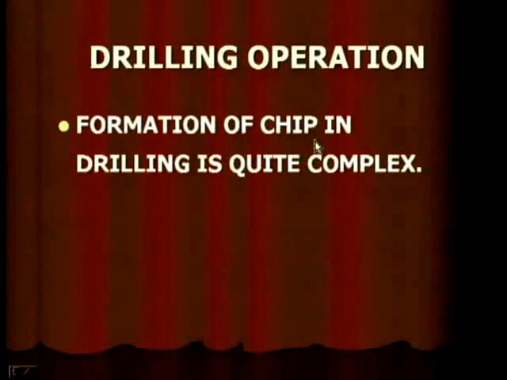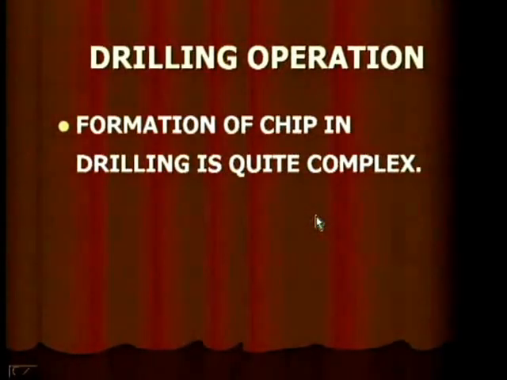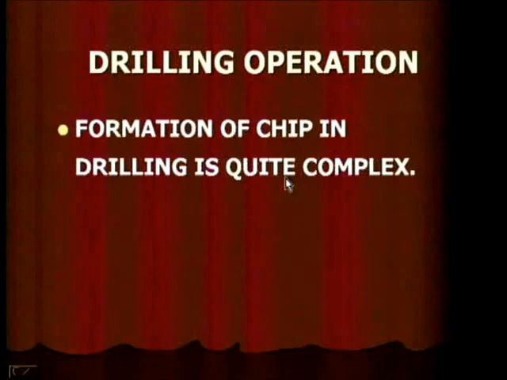The formation of chips in drilling is quite complex. With a single point cutting tool, we have seen how a chip is formed, and studying chip formation is quite simple. But in the drilling operation, formation of the chip is not that easy; it is a complex operation.